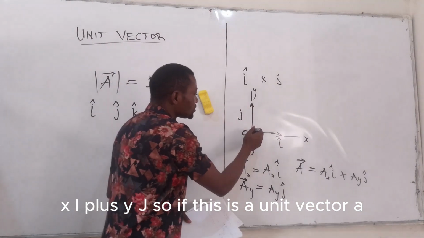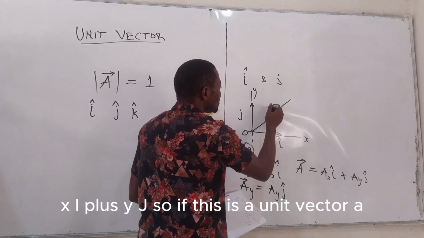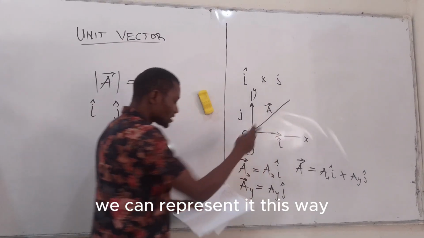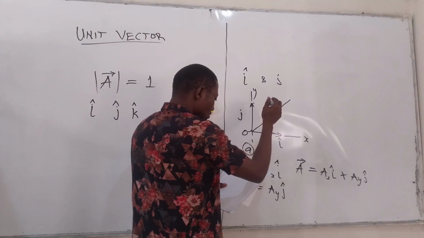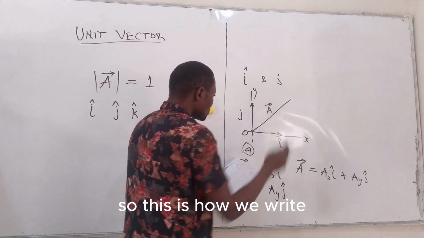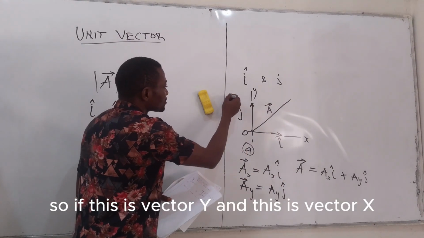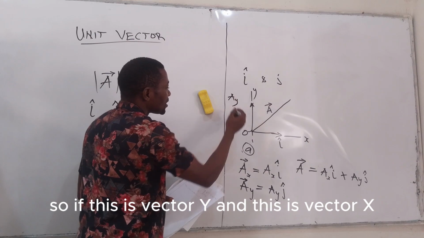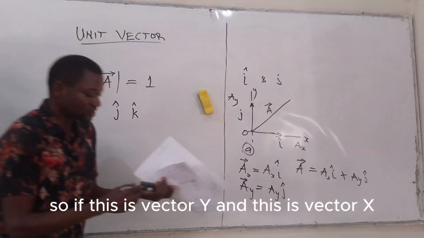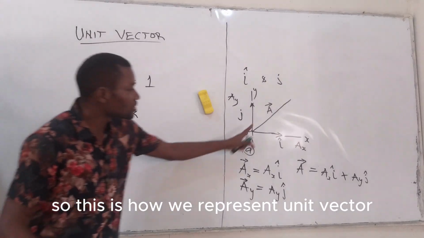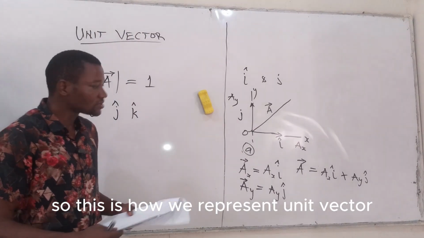If this is vector A, we can represent it this way. So this is how we write it, and this is how we represent a vector in terms of unit vectors.